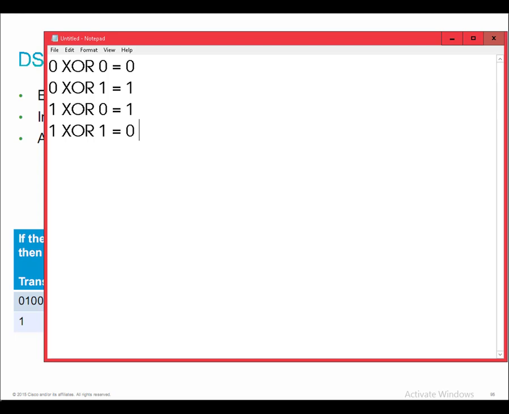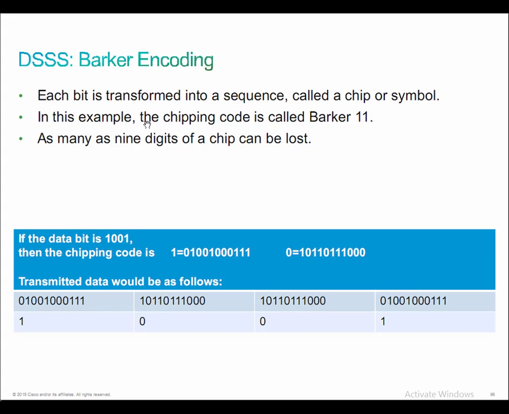And I think you've seen that when you're dealing with binary calculations in many, many different arenas, right? So when a 1 is to be sent, transforming it with the Barker encoding scheme will result in a sequence of 0, 1, 0, 0, 1, 0, 0, 0, 1, 1, 1. All right.